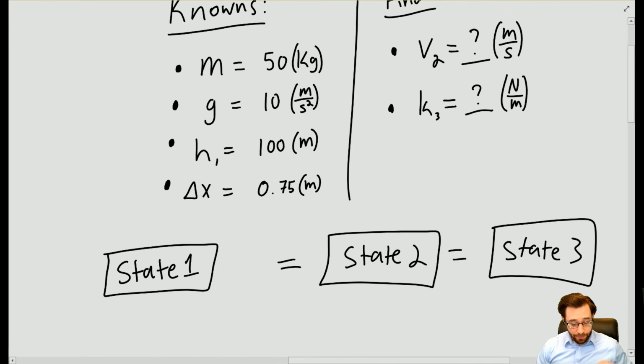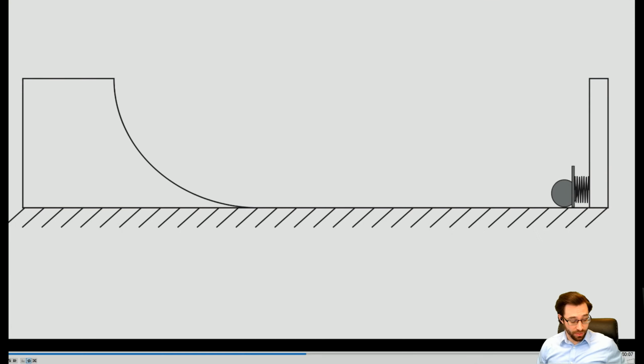So, the conservation of energy states that all of the energy throughout the entire process is conserved, assuming that there's no thermal energy or energy loss to air resistance or anything like that. In an ideal situation, all of the energy that I start with will equal the same throughout the entire process. That's why when you see this little animation, it's going back and forth, and it's not slowing down.